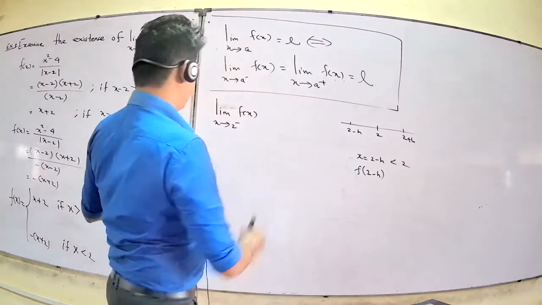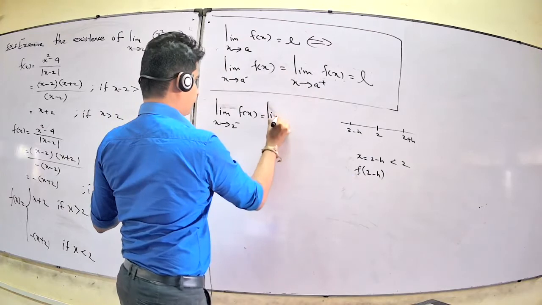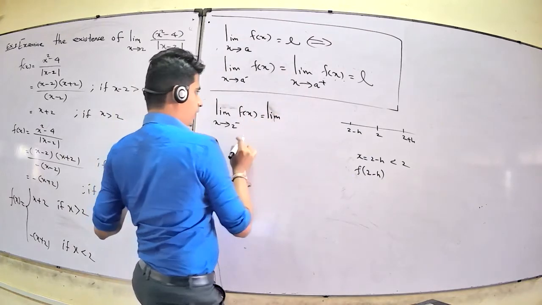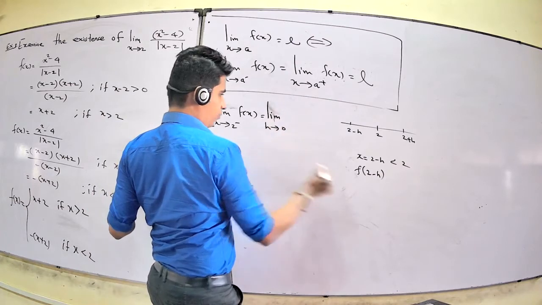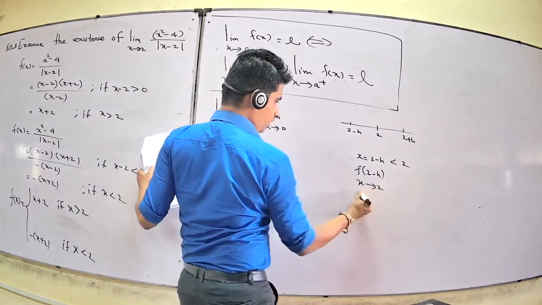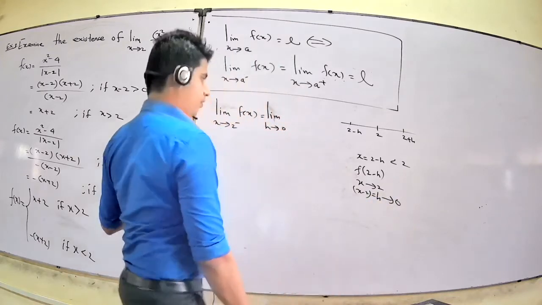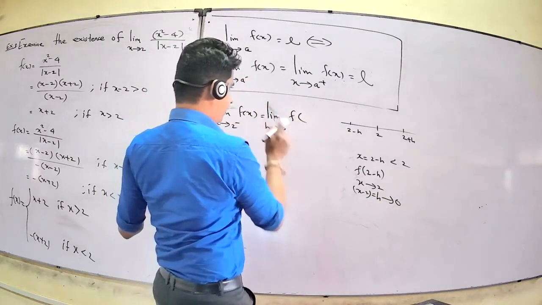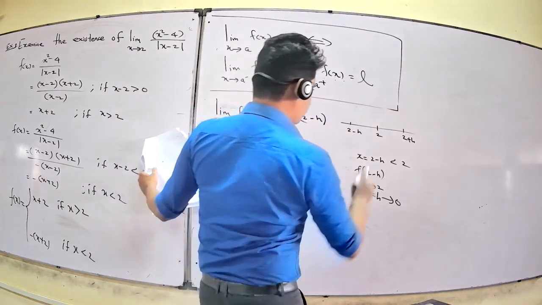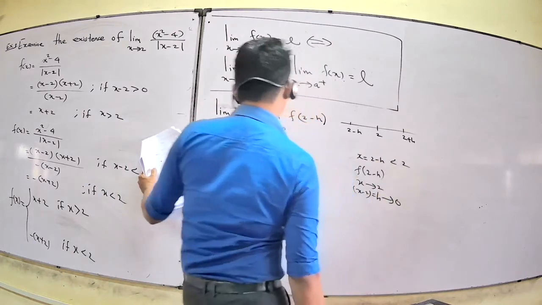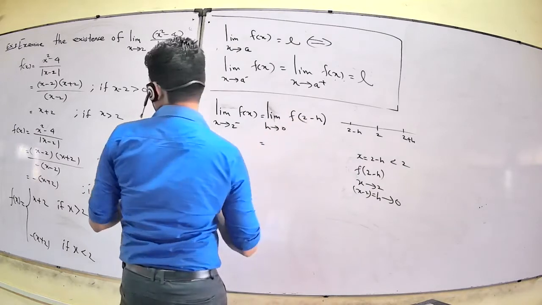Now interchange the variable x in terms of h. Therefore, put x tends to 2, because x tends to 2 means x minus 2 equal to h. Therefore, h tends to 0, f of x equal to f of 2 minus h. For the x value, you put 2 minus h because x equal to 2 minus h is less than 2. Right. Therefore, f of 2 minus h, your equation is this one.